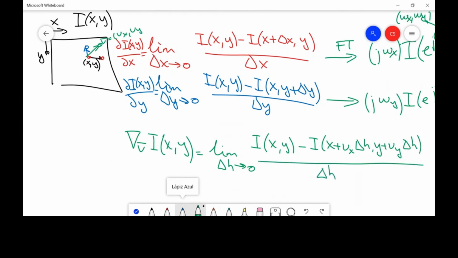So you can define the derivative in any direction, right? And it would be the same as the other. So the x and y directions are not special. And delta h is in this direction, so it is a scalar. Here it was also a scalar.